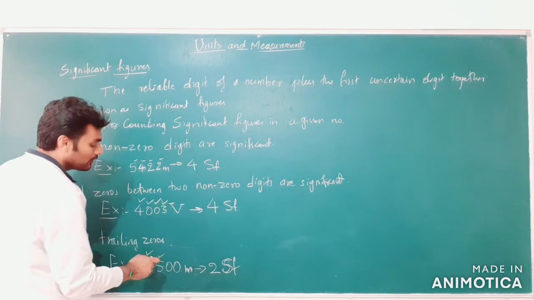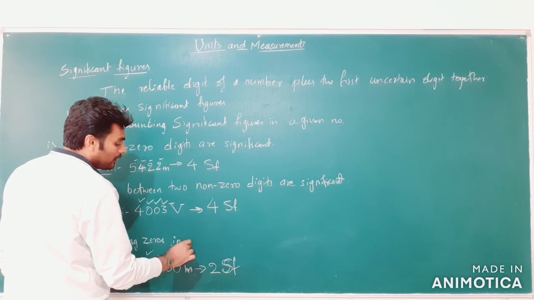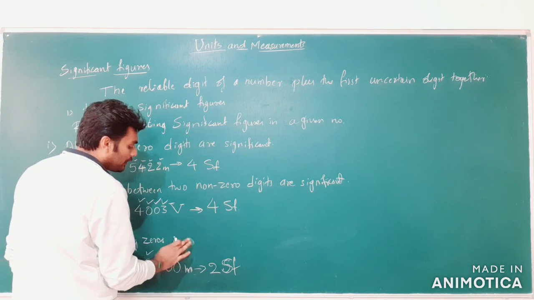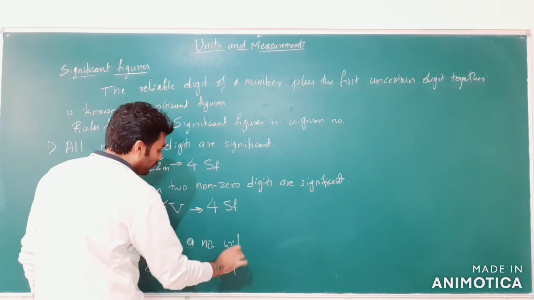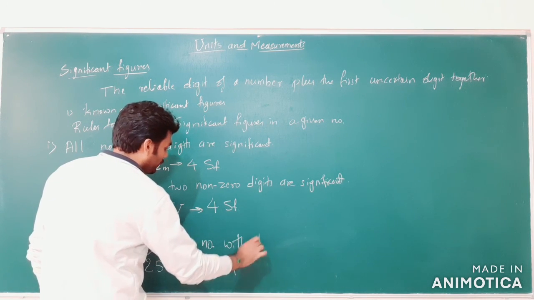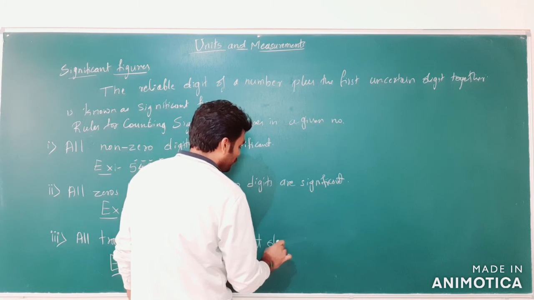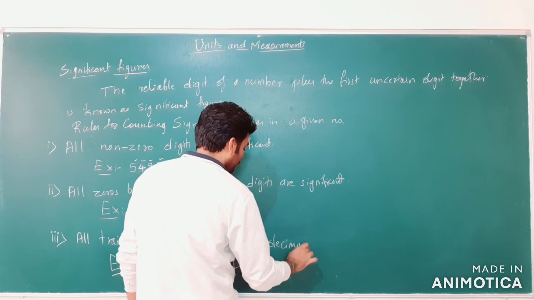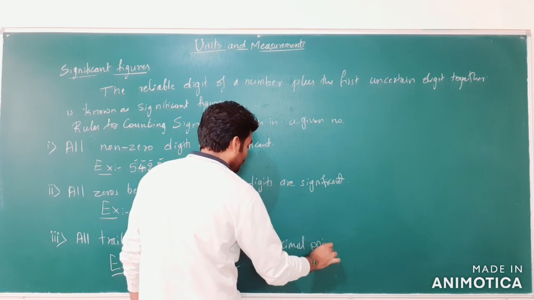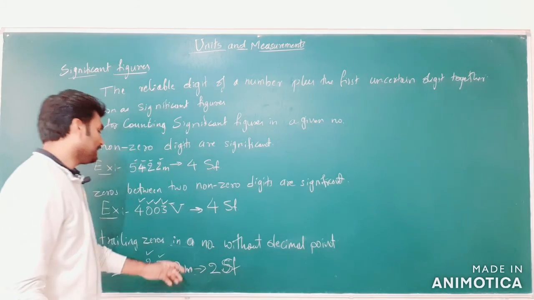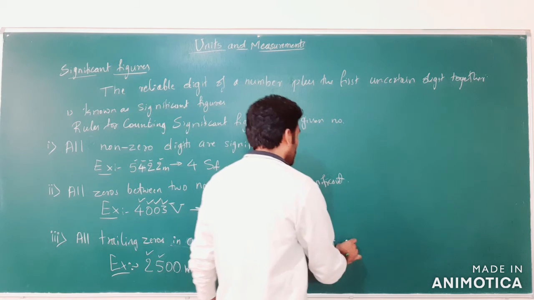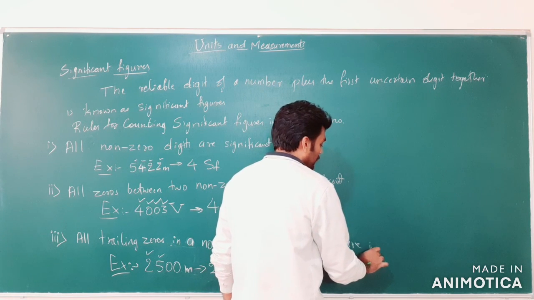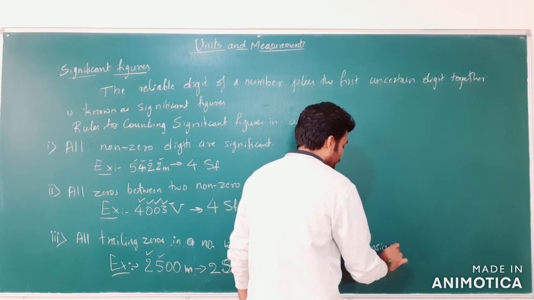All trailing zeros in a number without a decimal point are insignificant.